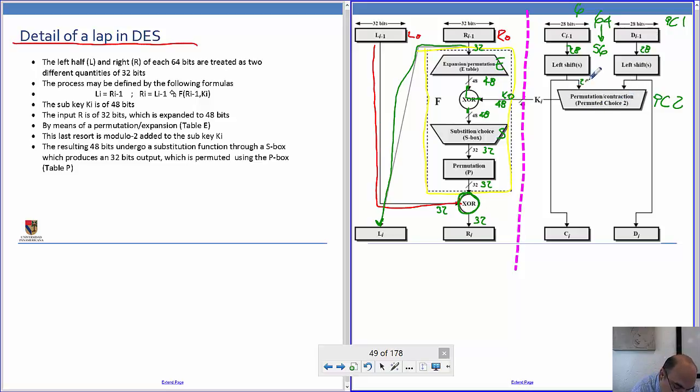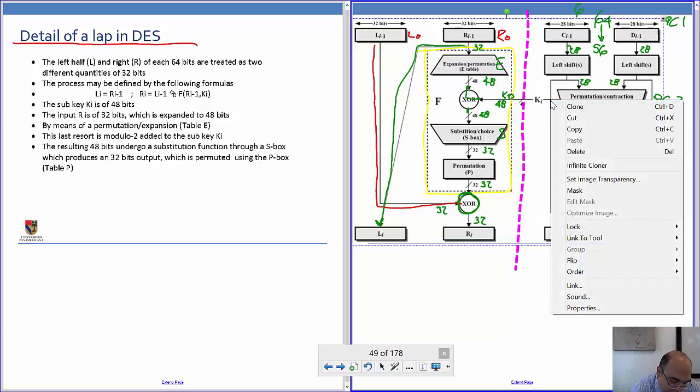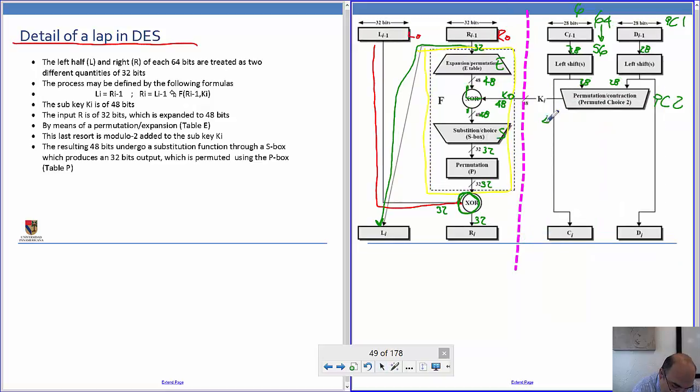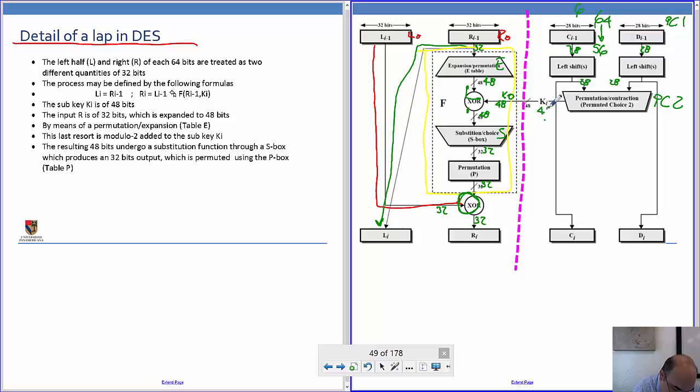This is 28, and this is also 28, so 56 bits input. And the output we need is 48. So this will reduce the 56 bits to 48 bits. So the output is 48 bits here. Okay? So, and that's it. We repeat this 16 times, and that's this.